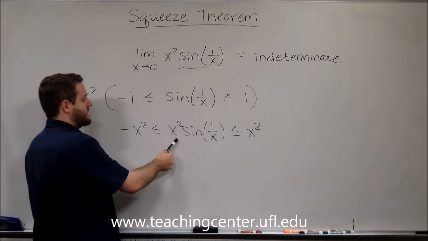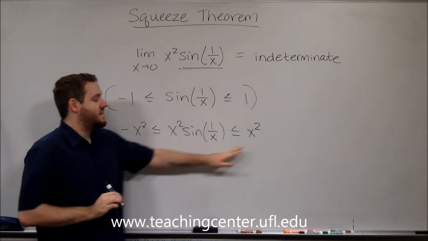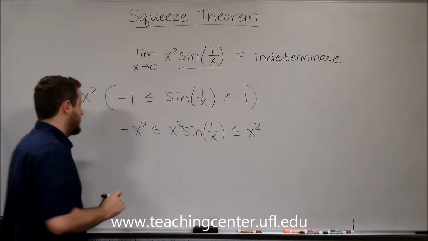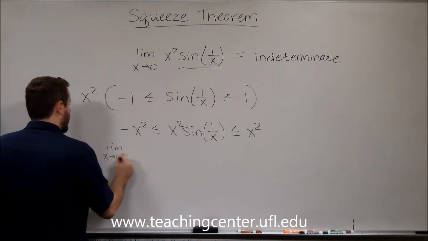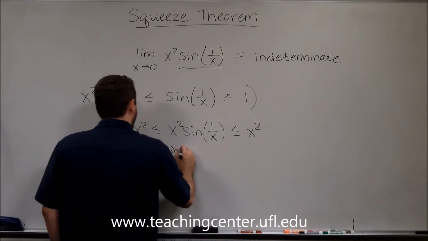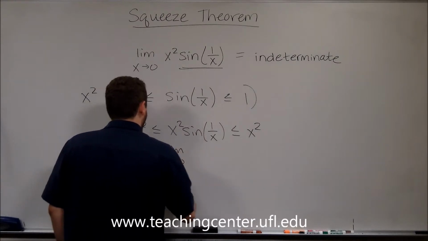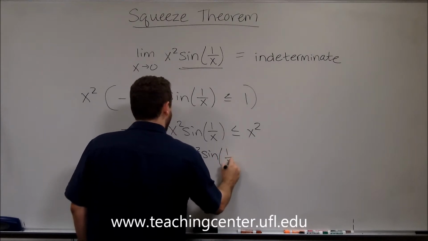I don't know what the limit as x approaches 0 of this is. But if it's always in between these two, if I take the limit as x approaches 0 of them, that will have to give me the limit as x approaches 0 of what I wanted in the first place, the center.